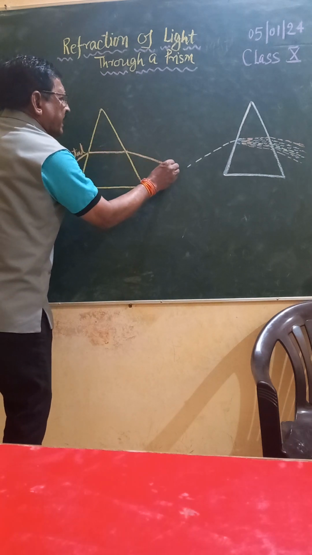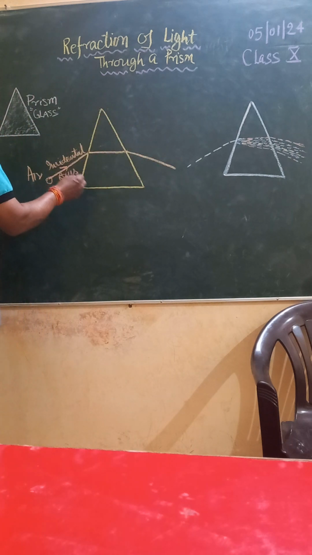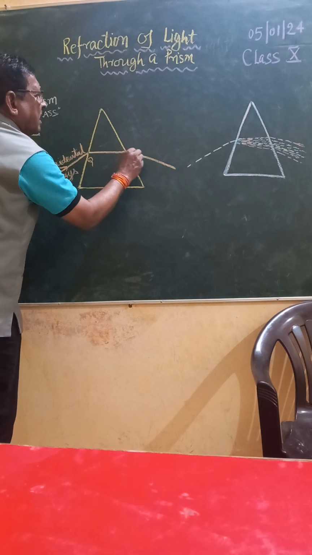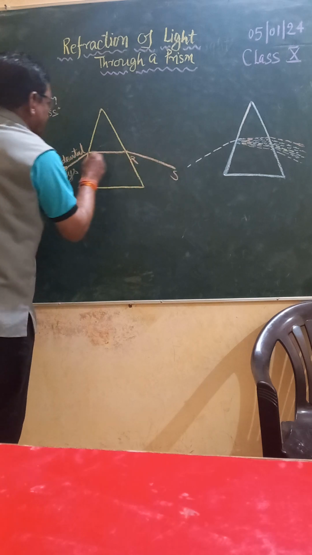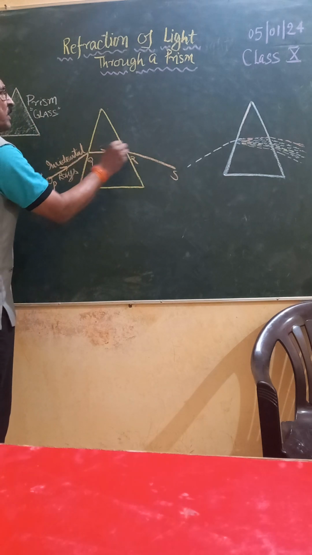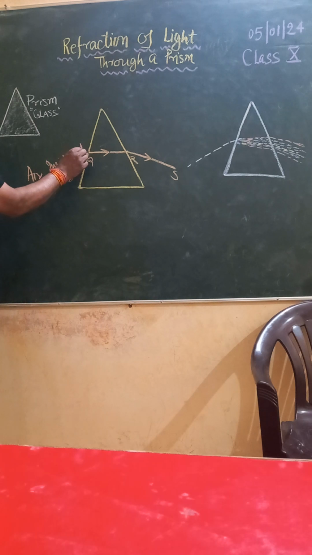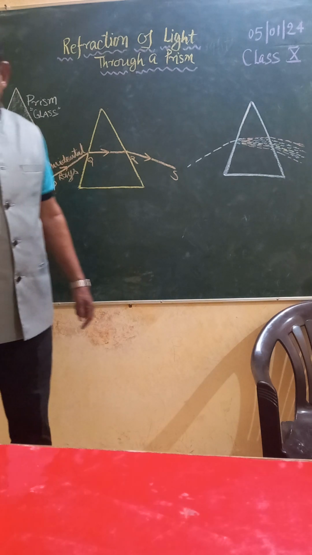Now I just put points here, Q, R, and S. This is a sign of the rays traveling. So this is called the incident ray.